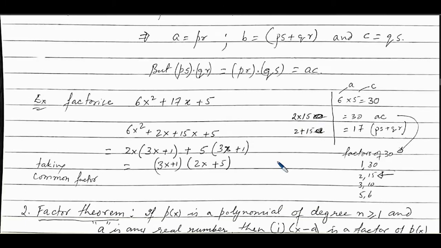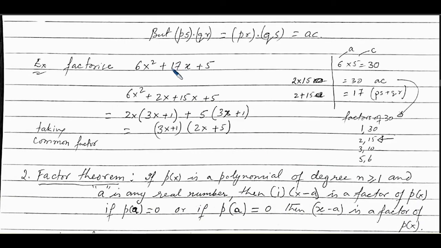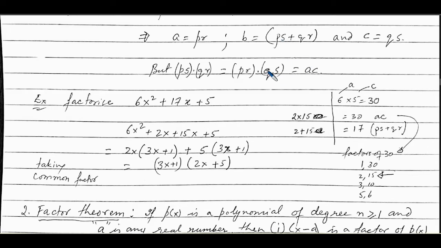In this also I will do middle term splitting, getting an idea from here: this is the split and this is the product. Product is a into c, from ax square plus bx plus c. So a into c, that is 6 into 5, 30. And I will split this middle part in such a way that I have the same product, 30. So 6 into 5 is 30, I know, a into c.